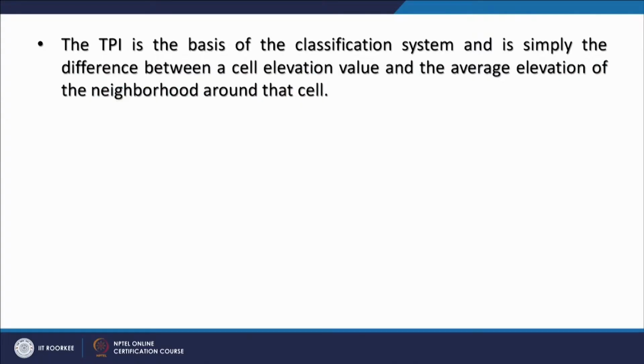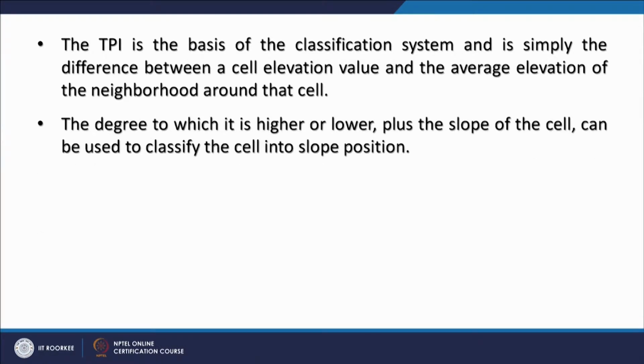TPI is basically the basis of the classification system of landforms and is simply the difference between a cell's elevation value and the average elevation of the neighborhood around that cell. So for this calculation the neighboring cells' elevation values are always considered, and the degree to which it is higher or lower can be used to classify the cell into slope positions.